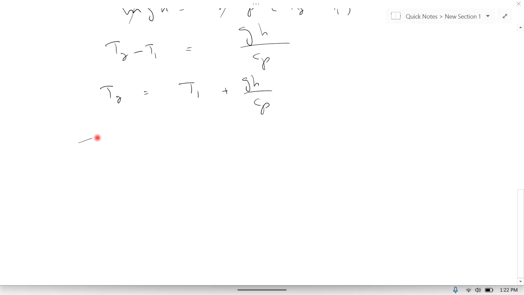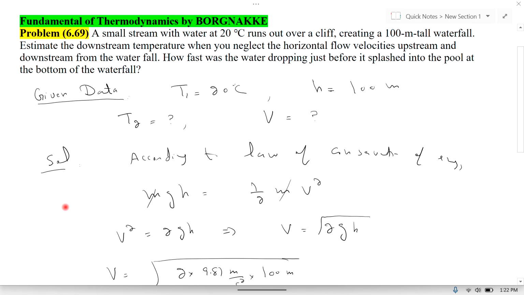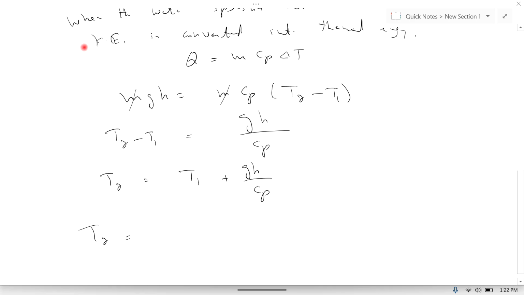So T2 is equal to T1, which is given to us as 20 degrees centigrade, which is equal to 293 Kelvin, 20 plus 273.